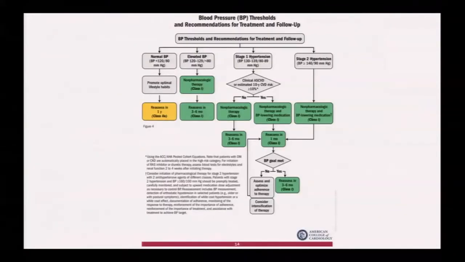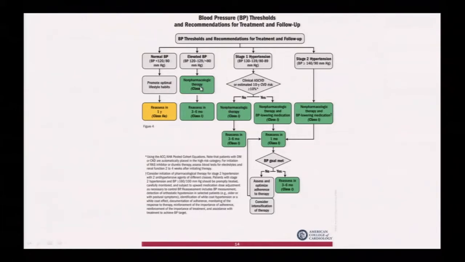This is another beautiful diagram here that I took from the 2017 ACC guidelines. And what I wanted to stress in this diagram is two things. First, the non-pharmacological therapy, which is something we do for people with elevated blood pressure or for people with stage 1 hypertension, but in the lower risk group.